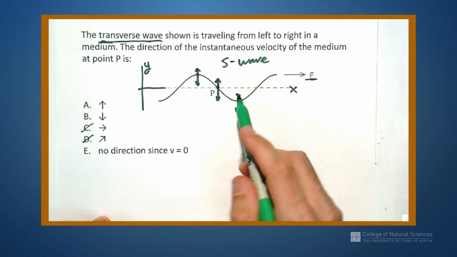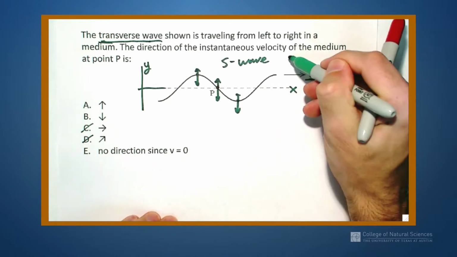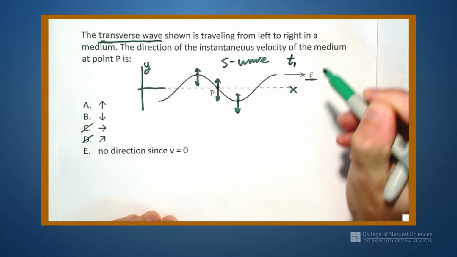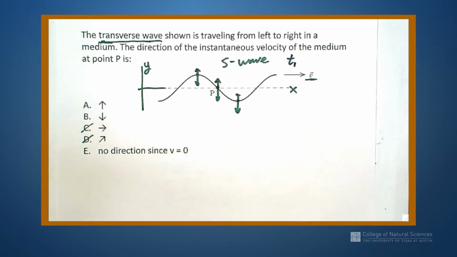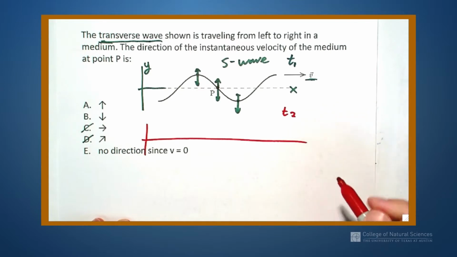So if they're going up, I want to know what happens a little bit later. So I'm going to say that this is T1. At T2, the wave is going to move a little bit.